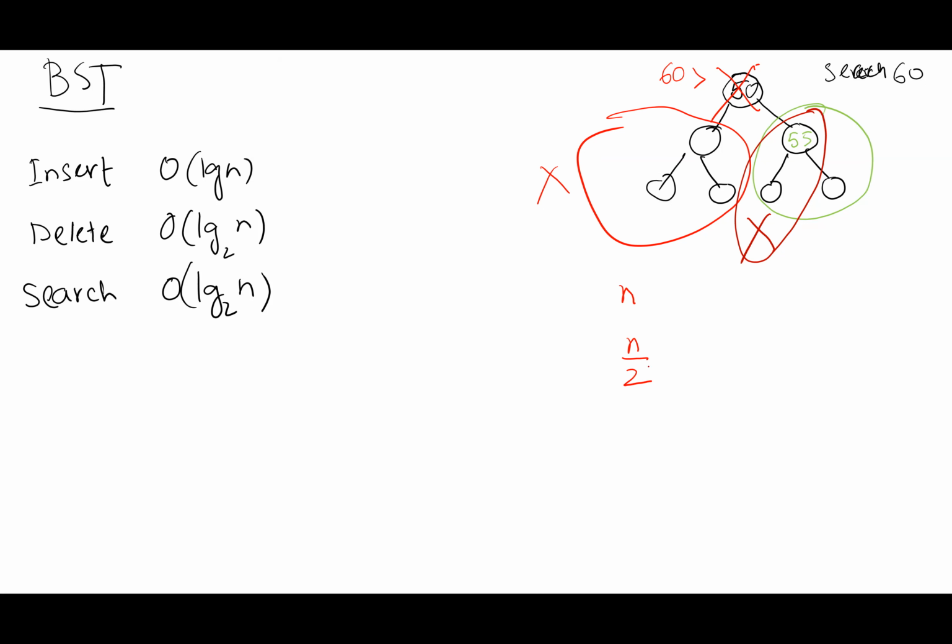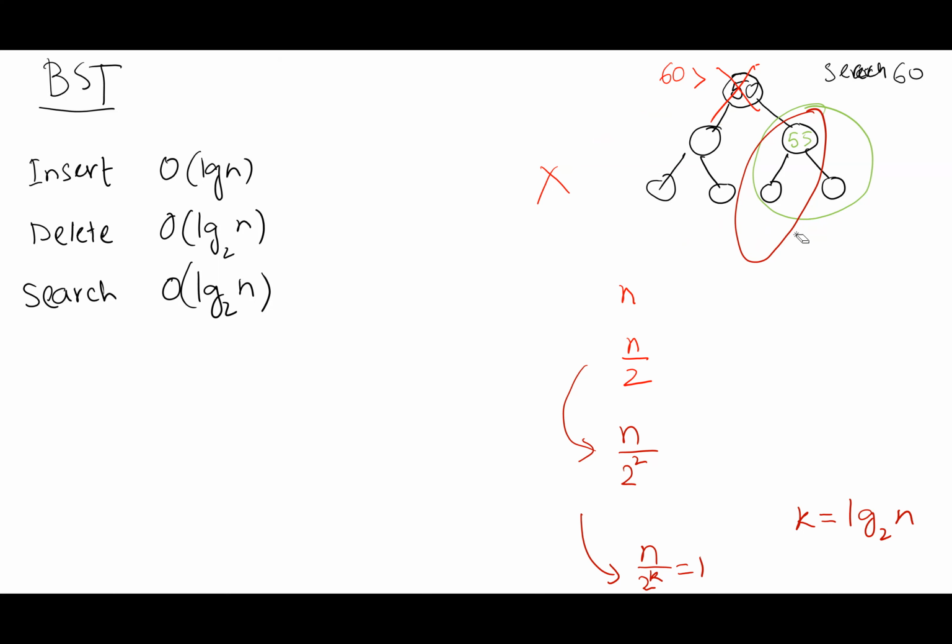So from n over 2, my search space becomes n over 2 squared, that is n over 4. I keep on doing this until I reach 1, which is after k steps. After k steps, n over 2 to the power k equals 1, and then I can come to my decision. So k becomes log base 2 of n. So there goes my search.